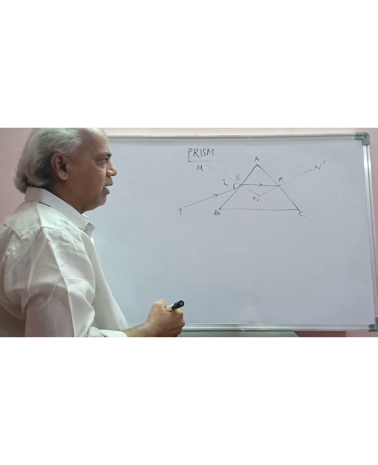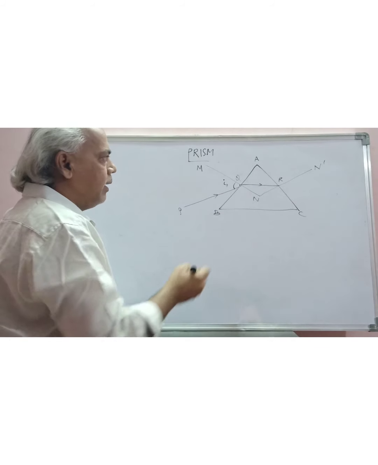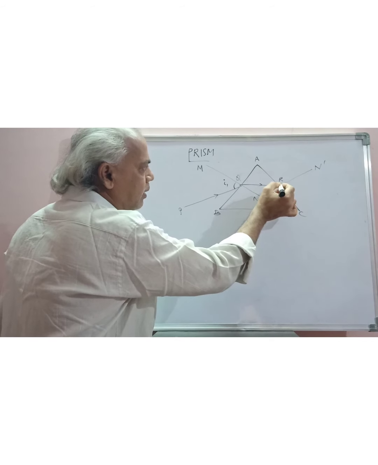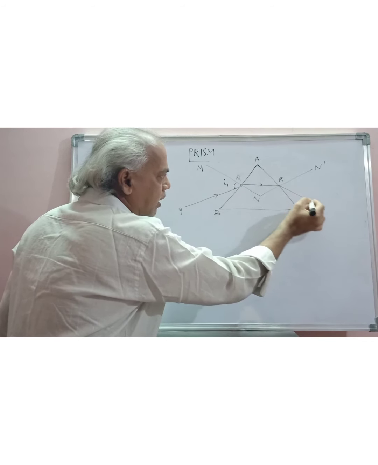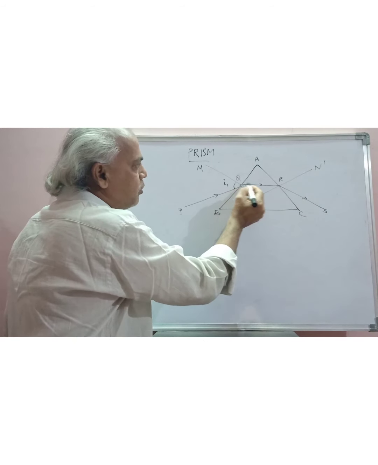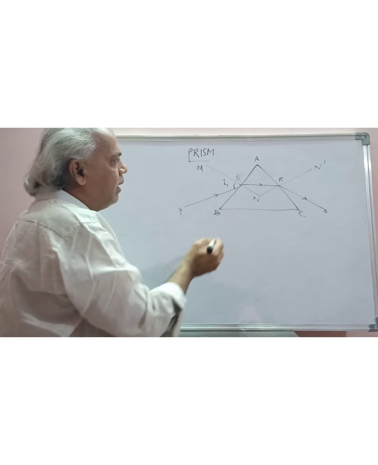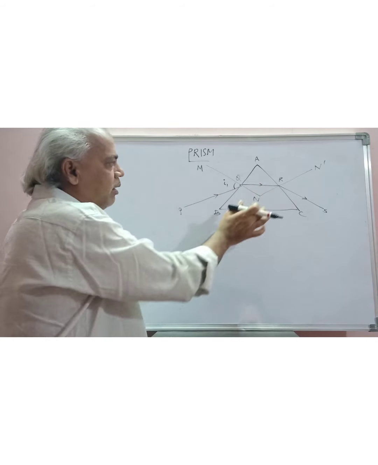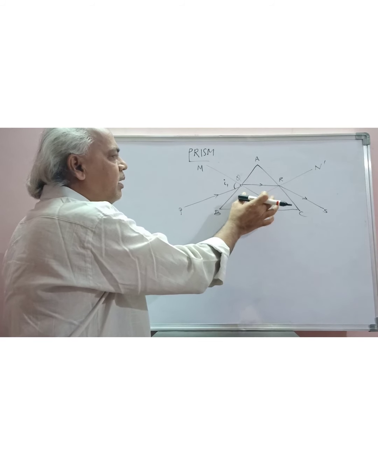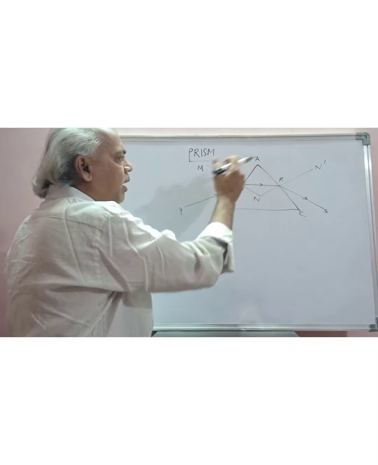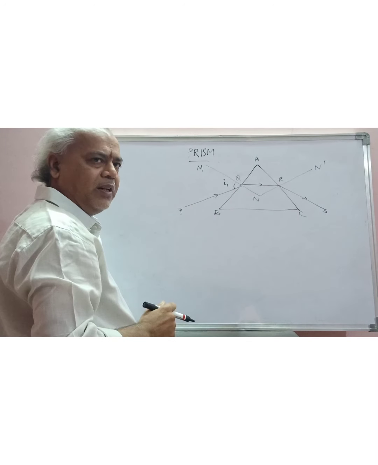QR is the refracted ray, and it emerges from the AC surface as RS. QR bends towards the normal in the prism because the prism is a denser medium, surrounded by another medium, that is a rarer medium.